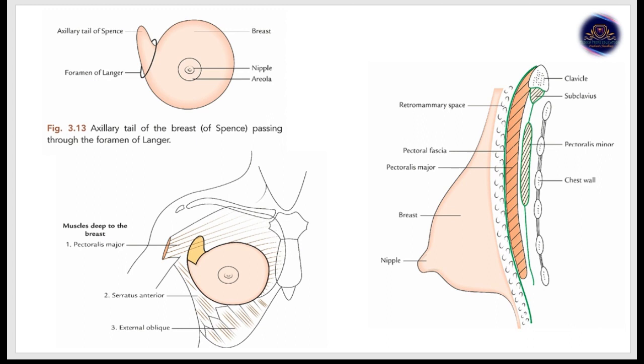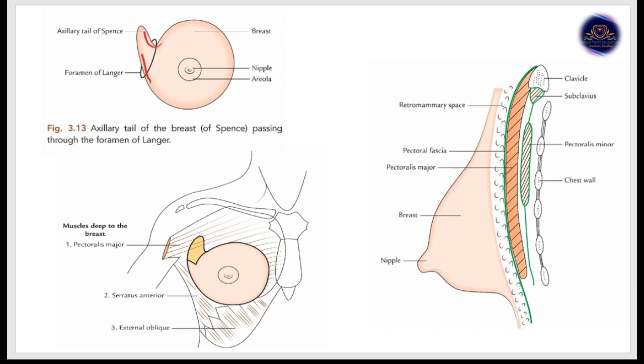One more thing is the axillary tail, also known as the axillary tail of Spence, which pierces the deep fascia and extends into the axilla through an aperture called the foramen of Langer. You can see here the breast from the front of the body, with the nipple and areola.